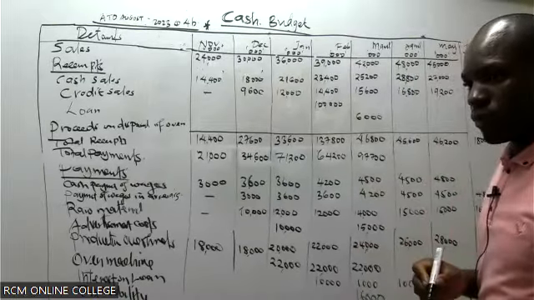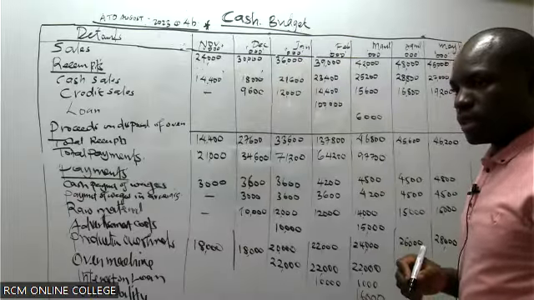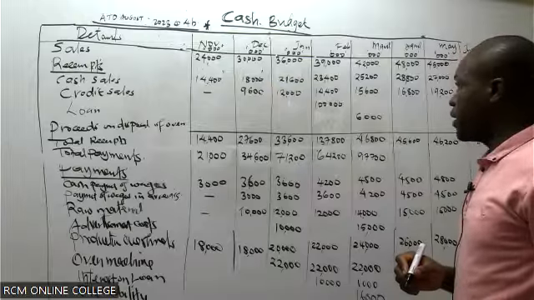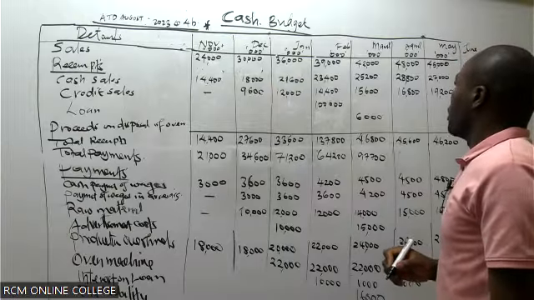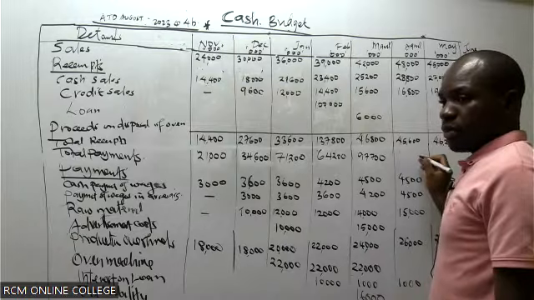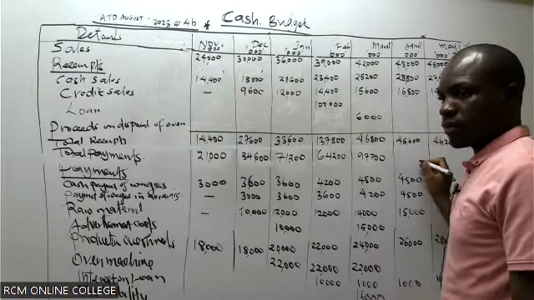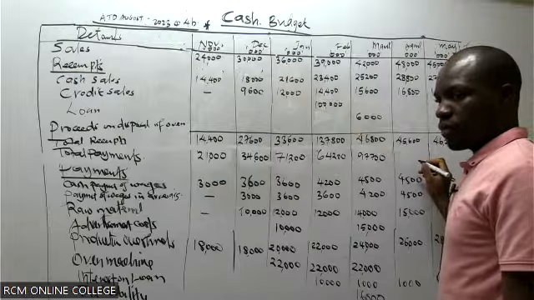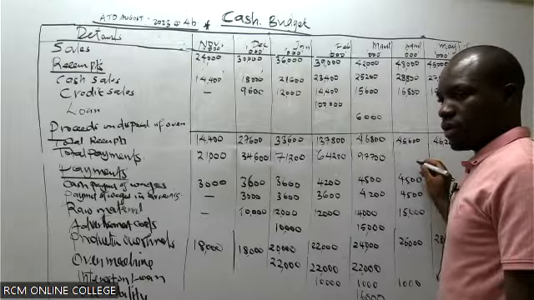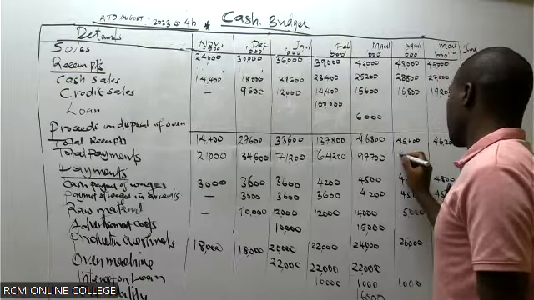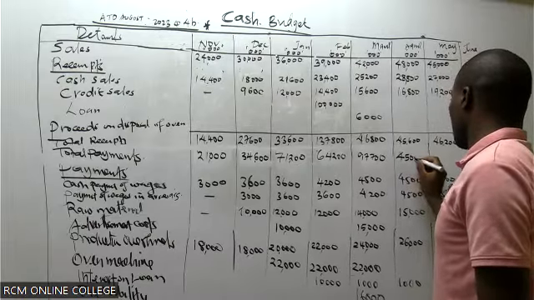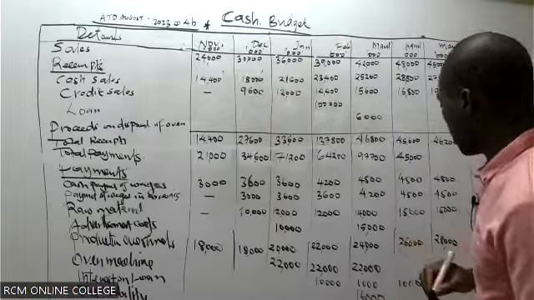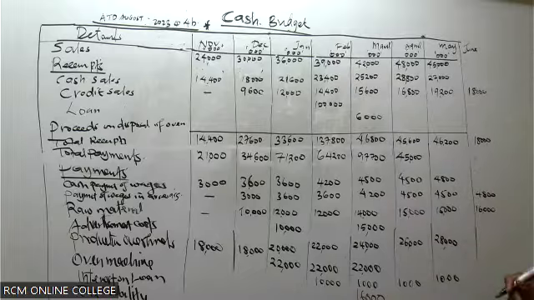April, May, or March 70. May ni ngapi? Or April ni ngapi? April tunapata ngapi? 45,000. How about May? May tunapata ngapi?